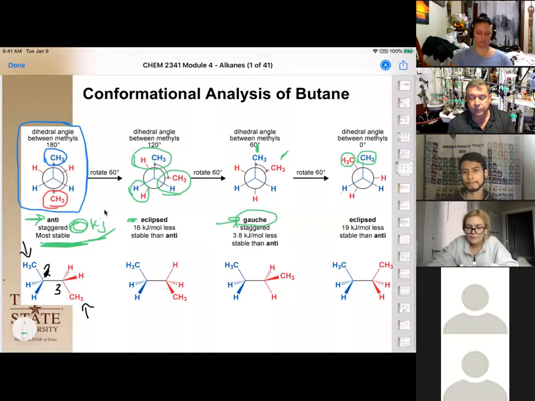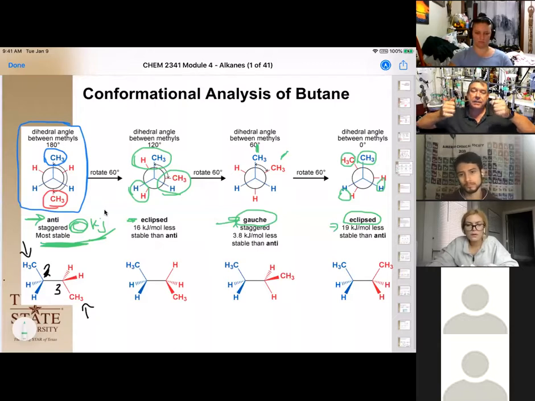But then we have to add in the two over here that are both 4 kcals each. And so in our eclipsed, with the two methyls impinging upon each other, our highest energy added to the system is now 19 kilojoules per mole, less stable, or more energy than the anti.